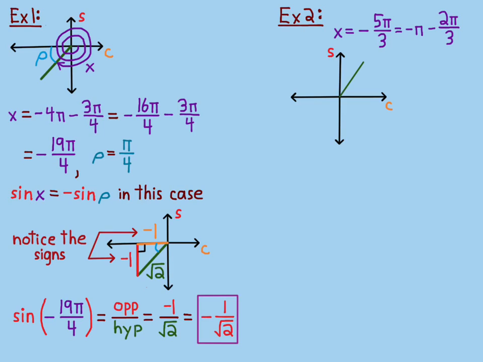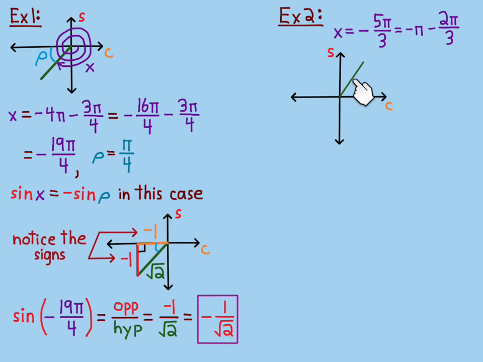So it's negative pi minus negative 2 pi over 3. So I go around from here, negative pi, and then negative 2 pi over 3. Well, there's 1 pi over 3, 2 pi over 3, right? That would be 3 pi over 3, okay. So I end up over here, which is the same thing.